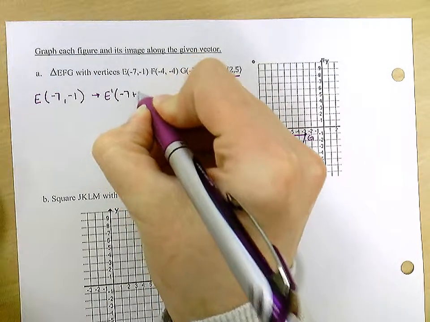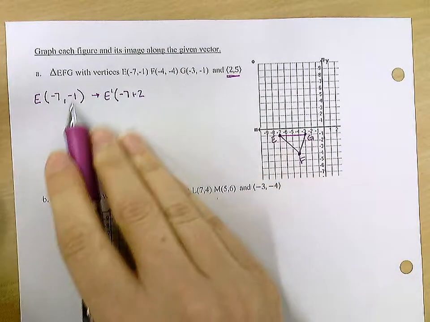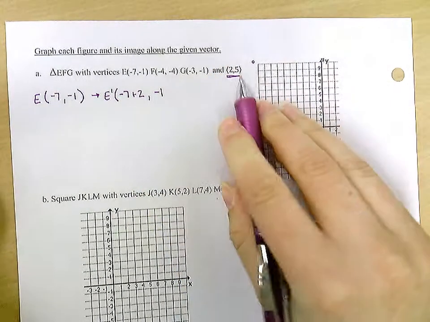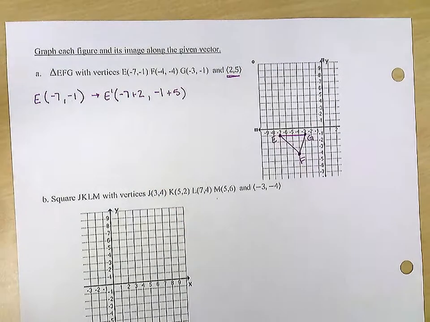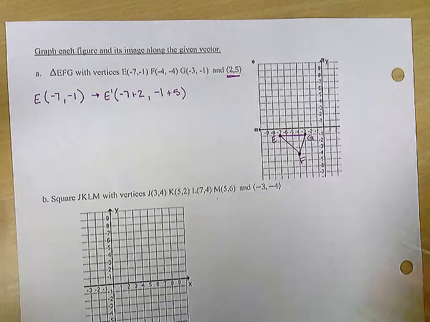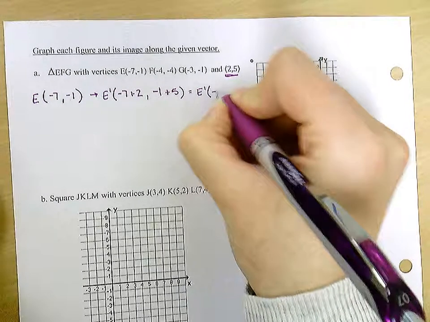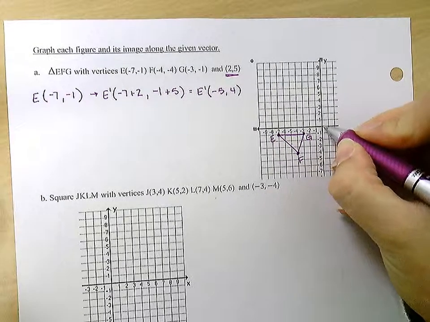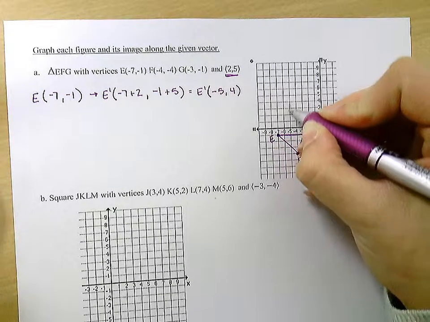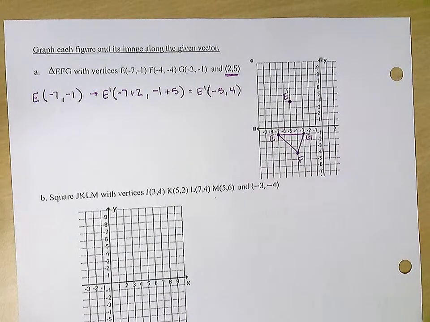So I would have negative 7 plus 2, since that 2 changes your x value. Same thing with negative 1 here. I would add on that b value from my vector, which is 5. So E prime would be at negative 5, 4. So that's one way to do this. I can plot my point E prime. It's at negative 5, positive 4. And I'll label it E prime.